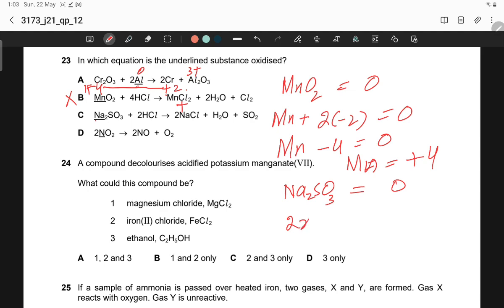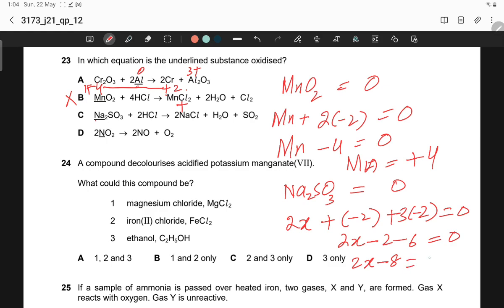Sodium is 2x plus sulfur minus 2 plus oxygen 3 times minus 2 is equal to 0. 2x minus 2 minus 6 is equal to 0. 2x minus 8 is equal to 0. 2x is 8, so x is equal to plus 4, and over here plus 1. So this is also reduced, not oxidized.